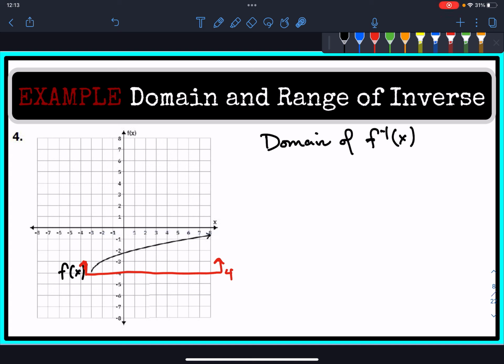So our range, which is the domain of our inverse, is going to be all of the values of x greater than or equal to -4. So as an interval, that will go from -4 to infinity.